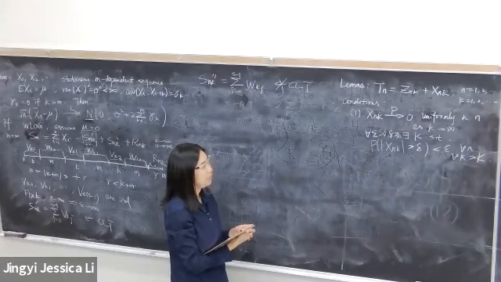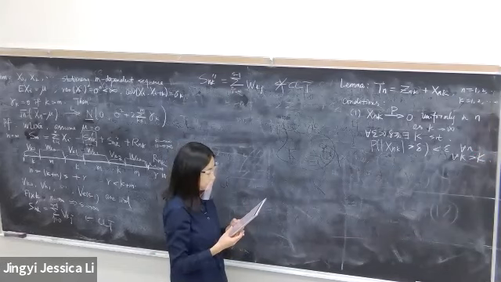So that's what we mean by uniform in n, convergence in probability to 0 as k goes to infinity. Okay, this is the first condition.